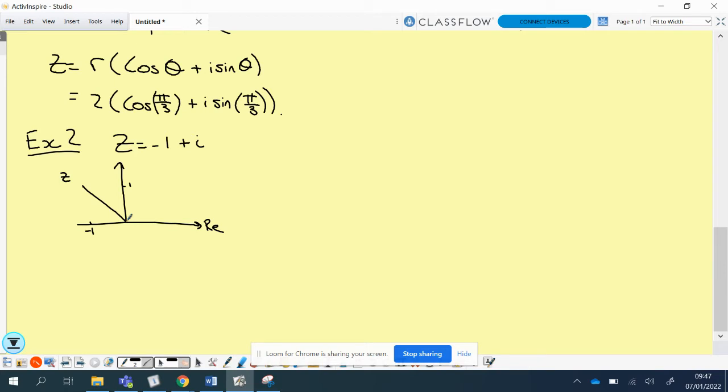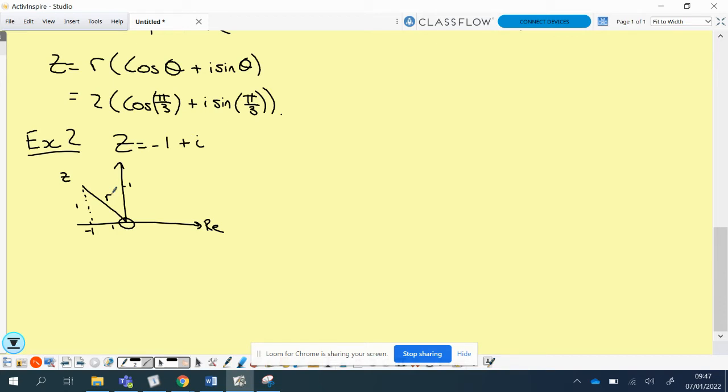That's where z is going to be. Now I'm going to draw the triangle this side here, because I know that's me along from the origin, along 1 unit to the left and up 1 unit in the imaginary axis, and r is going to be there.